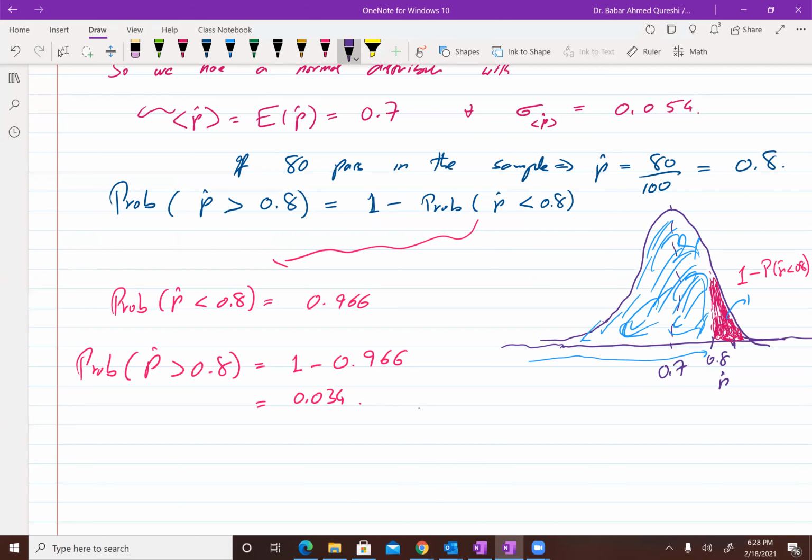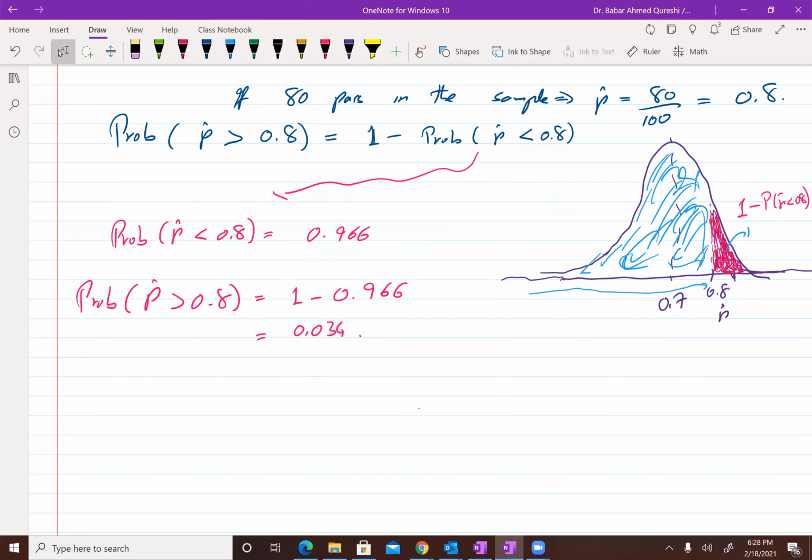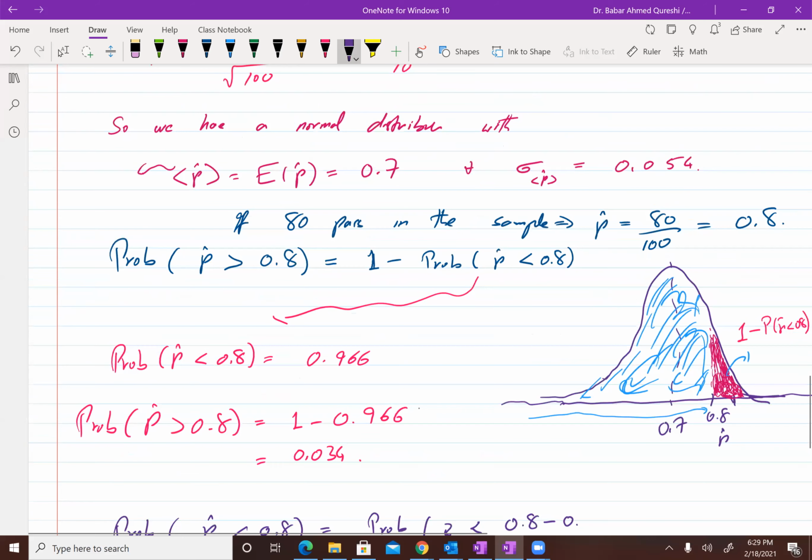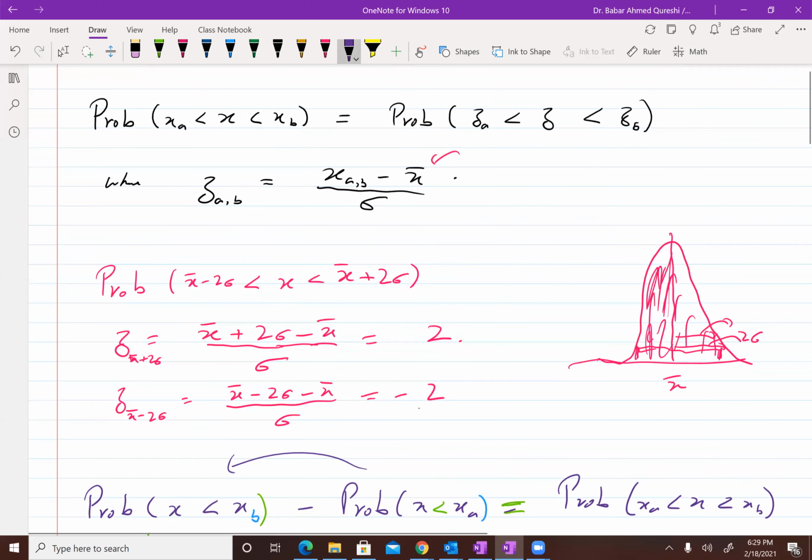If you want to do it using the standard normal, then this probability is that the standard normal variable is less than, using the formula which we had over here, this relation: take the variable value, minus the mean, divided by the standard deviation.